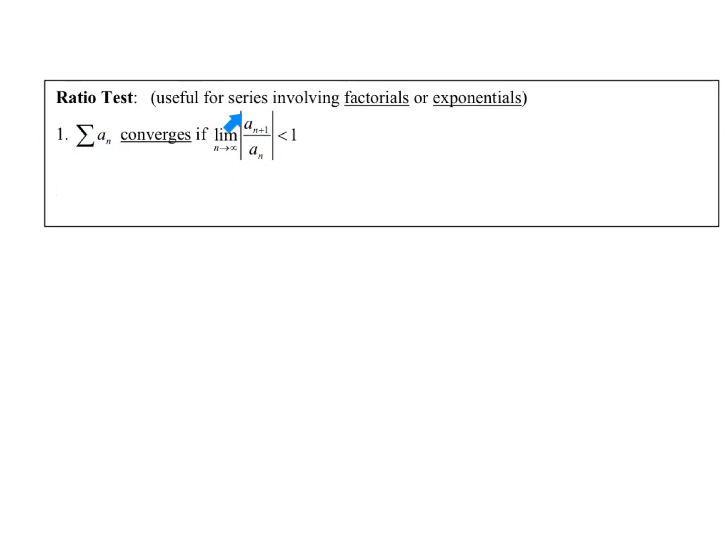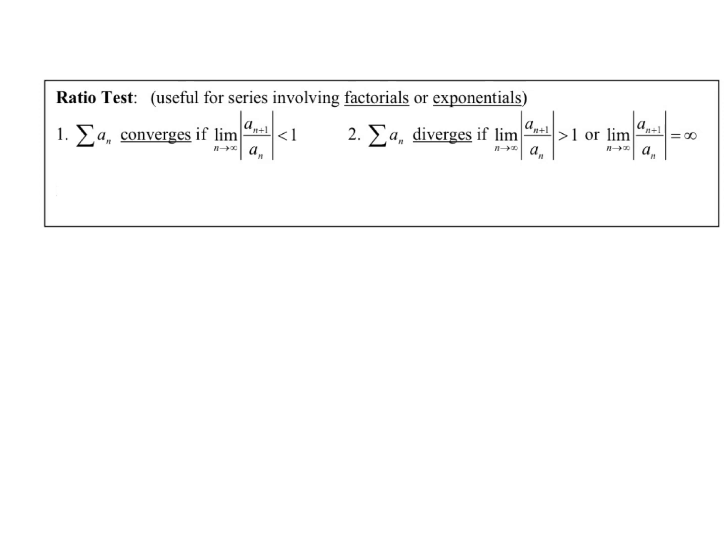If all of this is less than 1, then this series will converge. If it's greater than 1 or equals infinity, and to me infinity is greater than 1, so it's really only one thing to remember here, then it diverges.